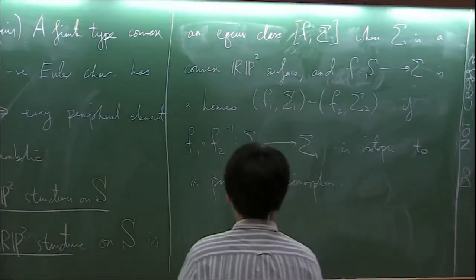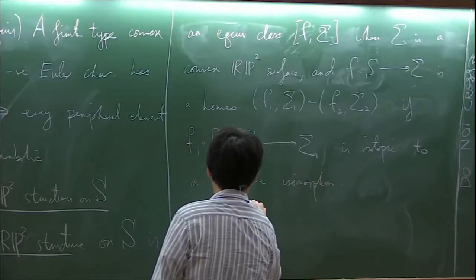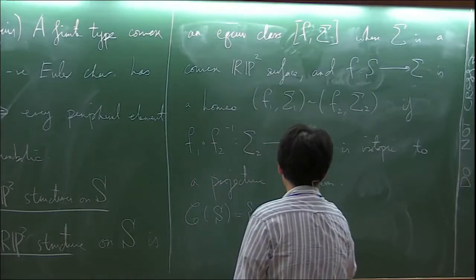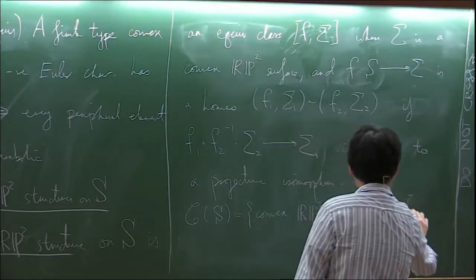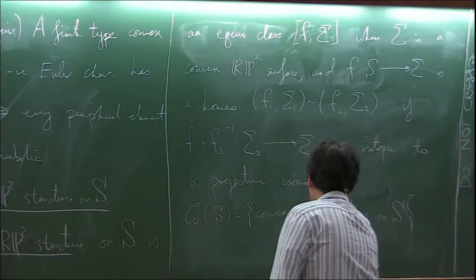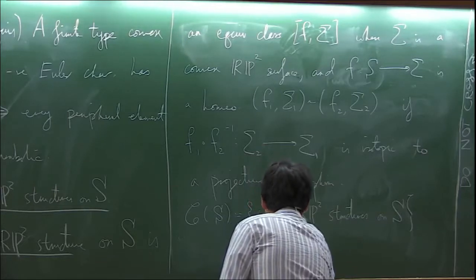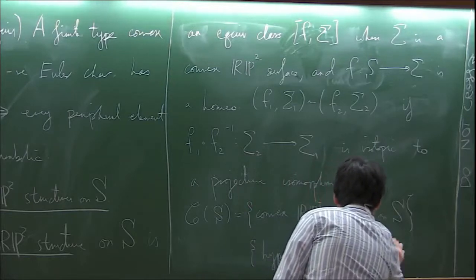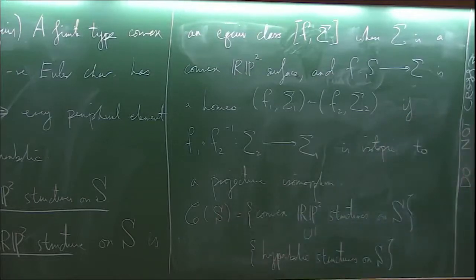Okay, and then another piece of notation. I'm going to let CS denote the deformation space of convex RP2 structures on S. By the Klein model, inside of here you have the deformation space of hyperbolic structures on S. So when S is closed, you have a copy of Teichmüller space sitting inside of CS.